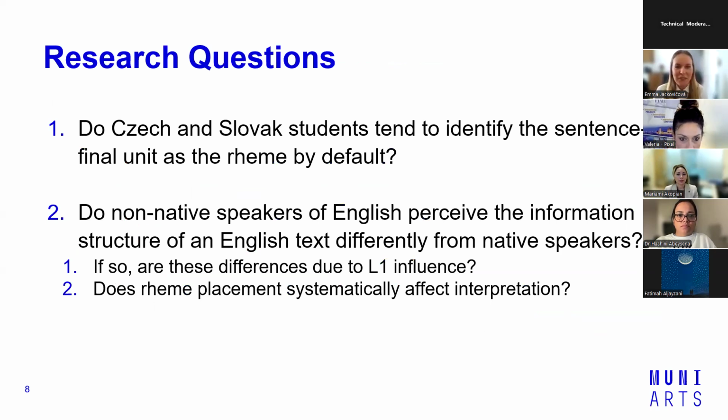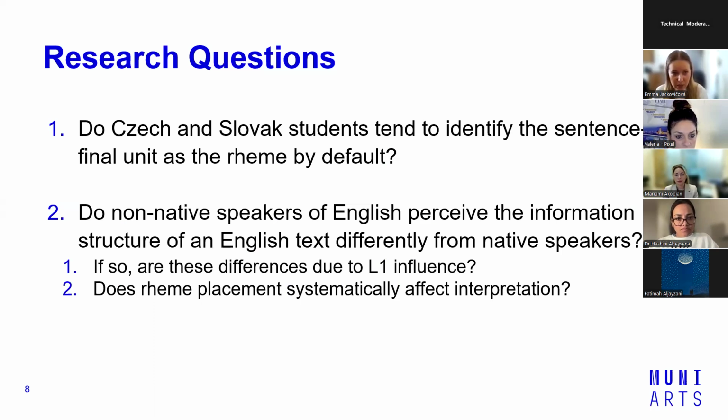I asked several key questions. The first one is, do Czech and Slovak students tend to identify the final element as the rheme regardless of its actual information value, relative communicative dynamism, or importance within the discourse structure? The second question I asked is, do non-native English speakers perceive information structure differently from native speakers?